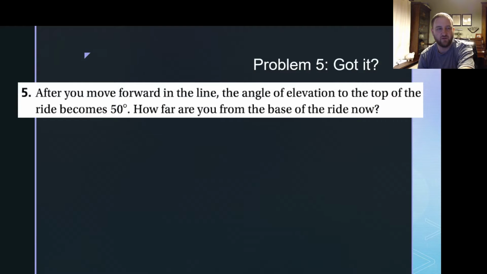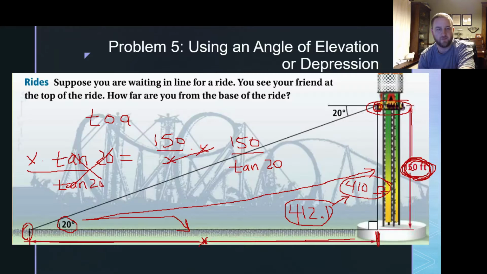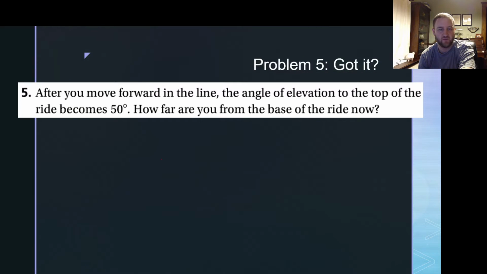Okay, so after you move forward in the line, the angle of elevation to the top of the ride becomes 50 degrees. How far are you from the base of the ride now? So basically this gets changed to 50 degrees. We're still going to use the tangent, except instead of tangent of 20, we're going to use the tangent of 50. So x is going to be equal to 150 divided by the tangent of 50, sorry, it's not 20 anymore.